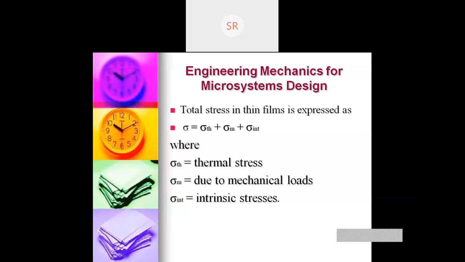Sigma Th is the thermal stress, sigma m is due to mechanical load, and sigma int is due to the intrinsic stress. These are added, and as a result I get the total stress in the thin film. This is an empirical formula to calculate the stress falling on the thin film.